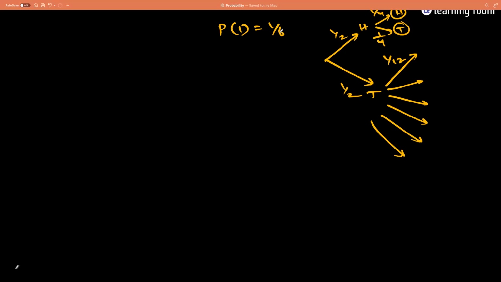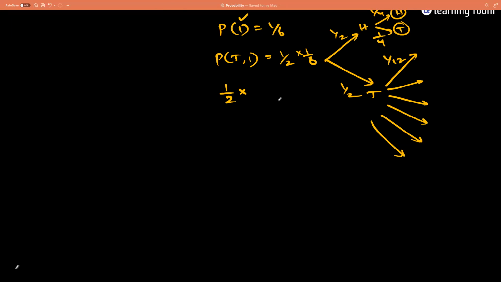But here, before you get this one, what is the condition that needs to get satisfied? You need to get a tail before that. So the probability is going to become 1 by 2 into 1 by 6. Why? Because I need to get a tail whose probability is half, and in the case of sets it is multiplication. Guys, are you able to understand what I'm saying? Yes, sir.